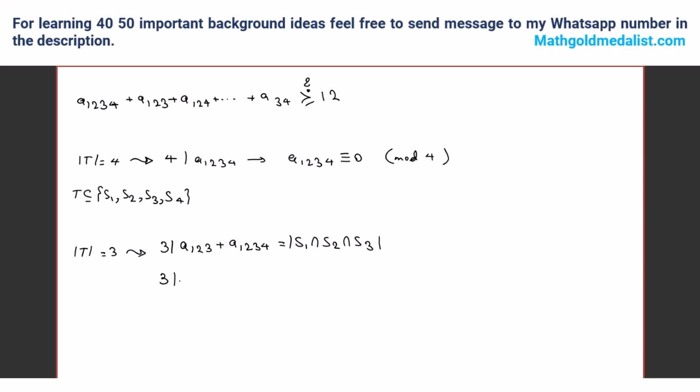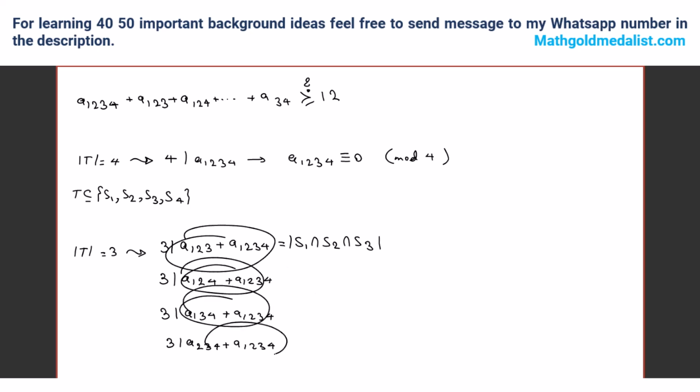Next condition is 3 divides what? Exactly. Next one, 3 divides. Exactly. And last one. Yes. So we can conclude what? We can conclude all of them are 0 mod 3, right?